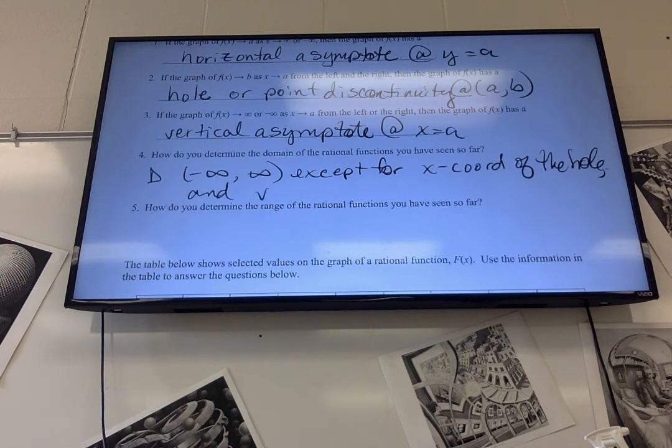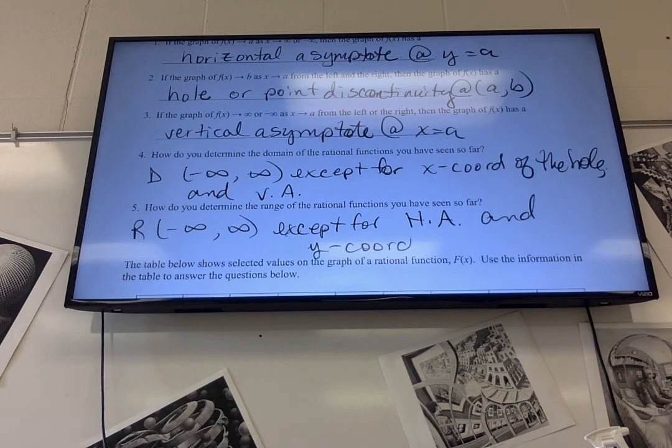Yep, the vertical asymptote. Now, if you don't have either one of those, then obviously you wouldn't exclude it. If you didn't have the hole, then you wouldn't have to worry about that. So the range is negative infinity to infinity, except for what? Yep, horizontal asymptote. And, if they have it, the y-coordinate of the hole, or the point discontinuity.